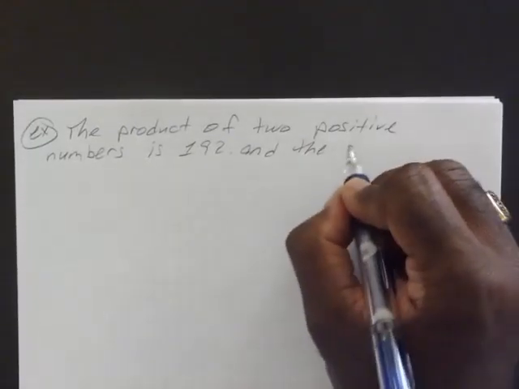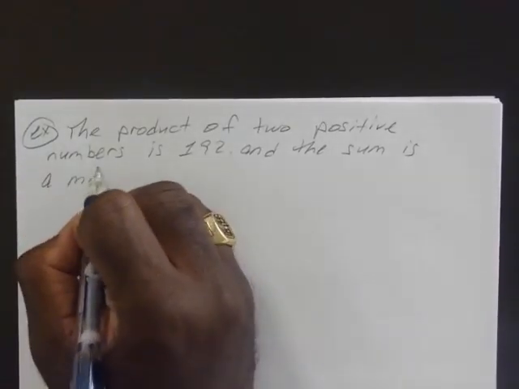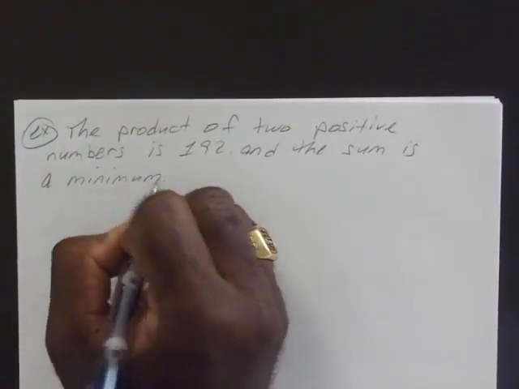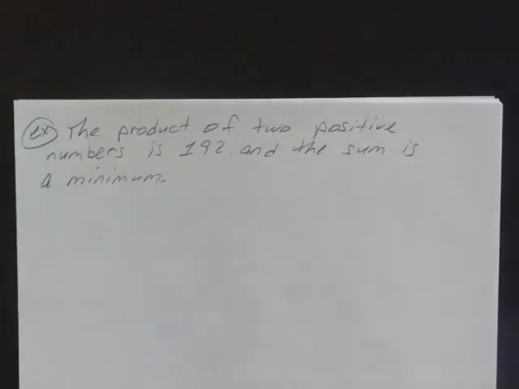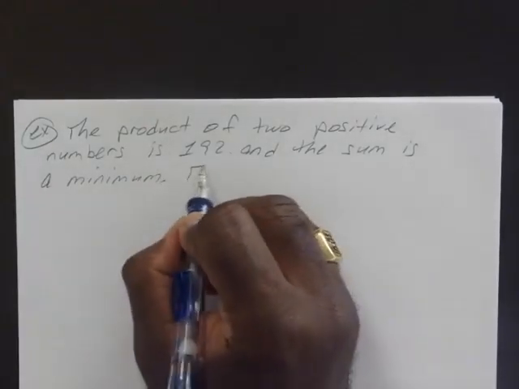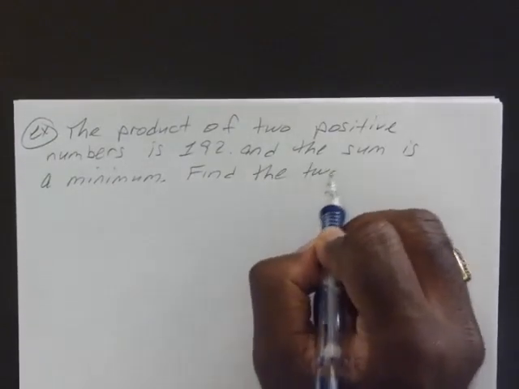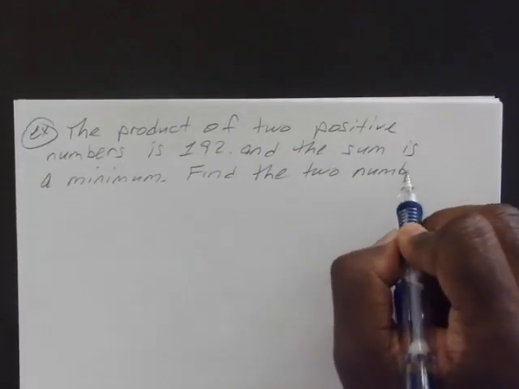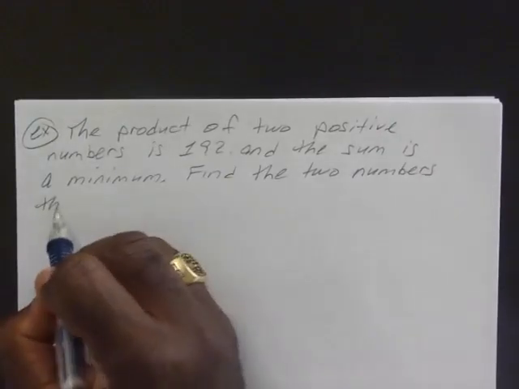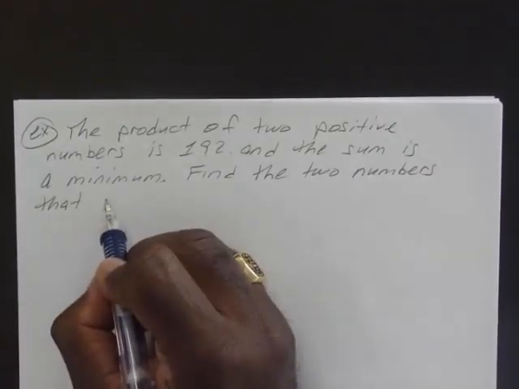And the sum is a minimum. Okay, so you want to find the two numbers that satisfy the requirements.